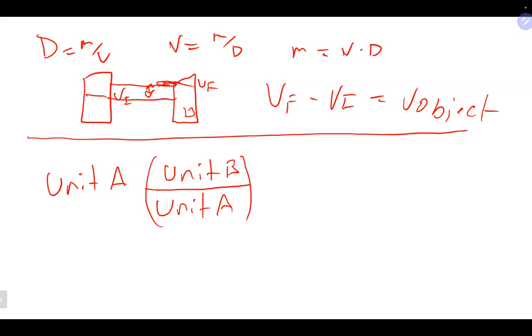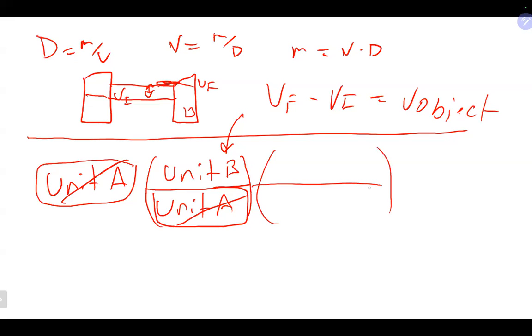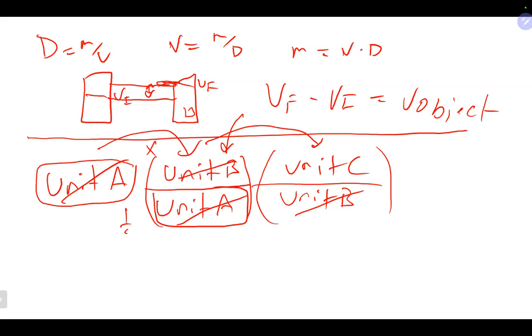So, if we're going from, say, unit A to unit B, we would use a conversion factor, which is what this would be. We put the units in opposite locations so that they cancel. If we want to go one more unit, we could again go with units A, B to unit C, again canceling. Once again, what we are doing here is we're multiplying across the top and dividing across the bottom.